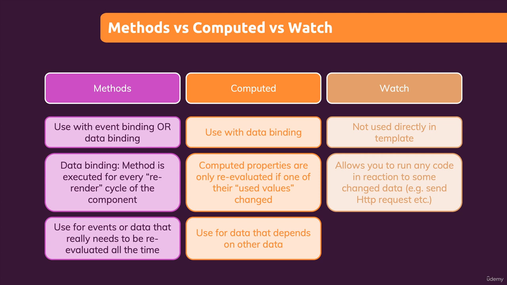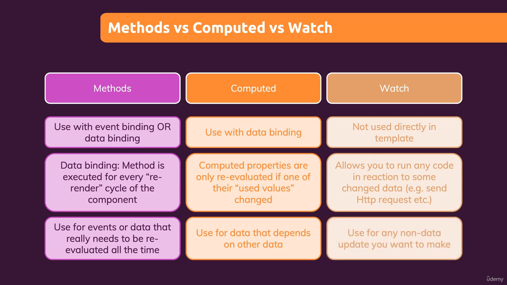So typically, you should use watchers for any non-data updates you want to make. Whenever you got some behind-the-scenes work to do based on some changing data, you might want to consider a watcher. Amongst the three, watchers are probably the feature you'll use the least, because you need methods all the time with event binding and computed properties for outputting data that depends on other data.